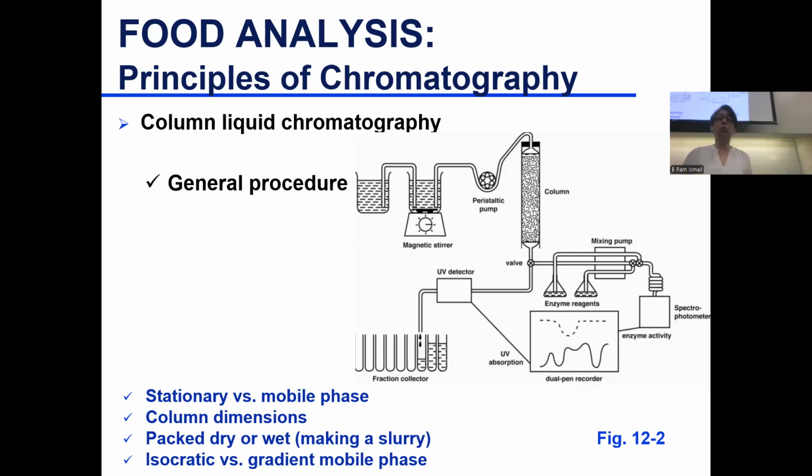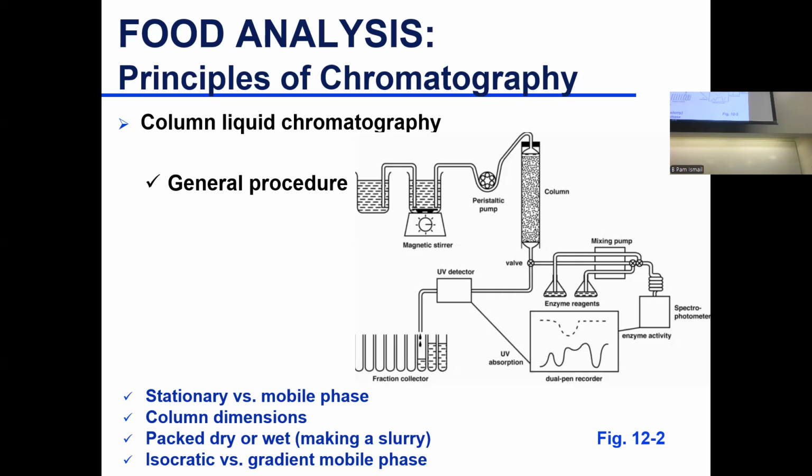Gradient. What do you know about gradient? Or have you heard that term? So what does it mean, Graham? You remember? Okay, so we change the concentration or the composition of our mobile phase over time. So we will have a time program where we change the characteristics of it.